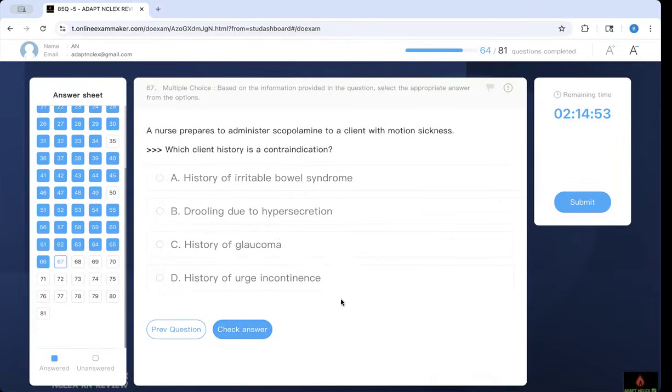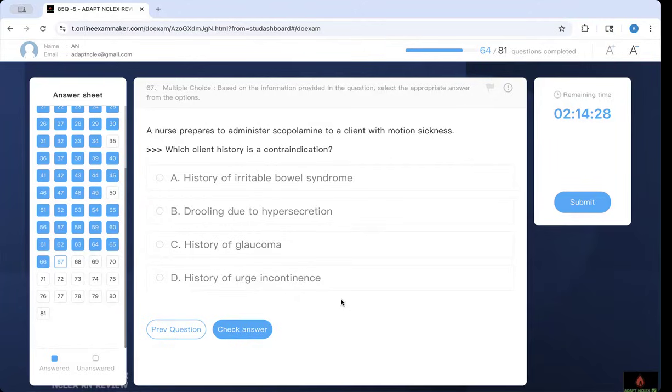And then prepare to administer scopolamine to a client with motion sickness. Which client history is contraindicated? History of irritable bowel syndrome, drooling due to secretions, history of glaucoma, history of urge incontinence. Break it down. We're using scopolamine for motion sickness.